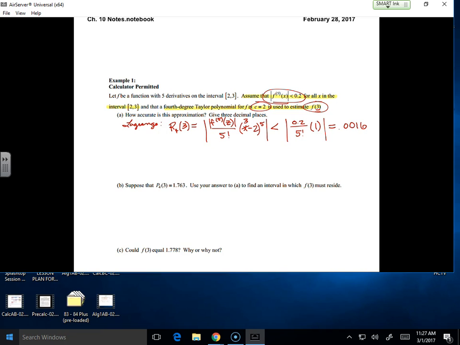So the part where it's f fifth derivative of z over 5 factorial has to be less than 0.0016. These have 3 decimal places, so we'll round it to 0.002.